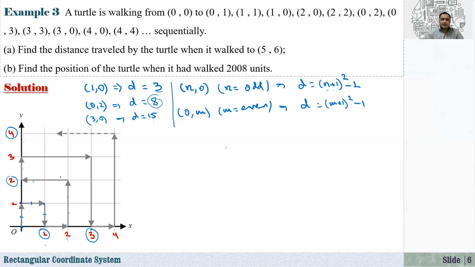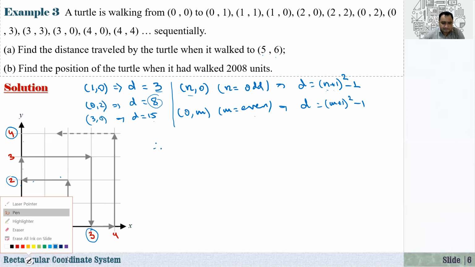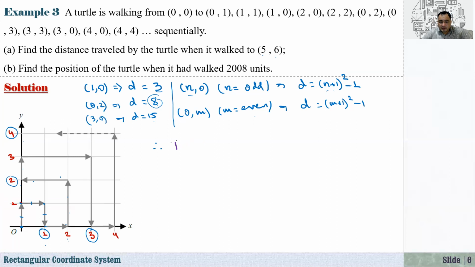Here the question is, find the distance traveled by the turtle when it walked to 5, 6, right? So first, as you see here, this 5 is an odd number, on the x-axis, right? And 6 here is an even number. First, if I find this position, for example, let's say the position of the turtle is here, it is 0, 6, and 6 is an even number.